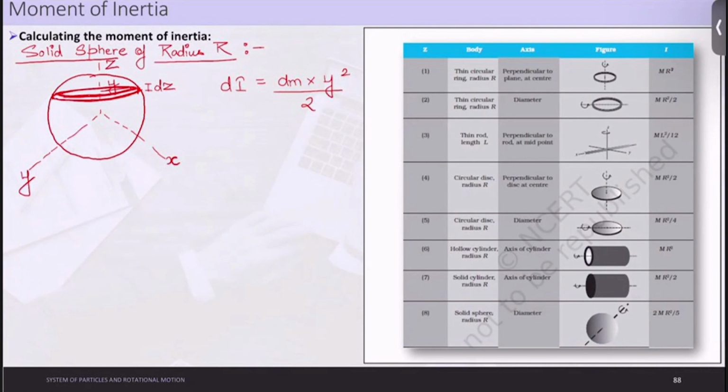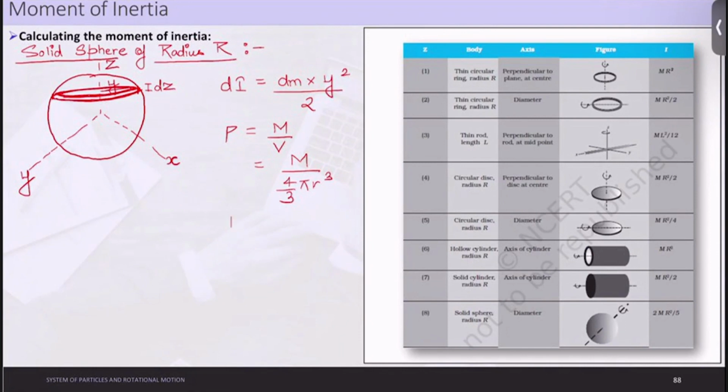Now, just using the concept which we also understood in the previous concepts, what is rho? Rho is nothing but mass by volume, correct? So this can be written as m by 4 by 3 pi r cube. Clear? So let us do the same.